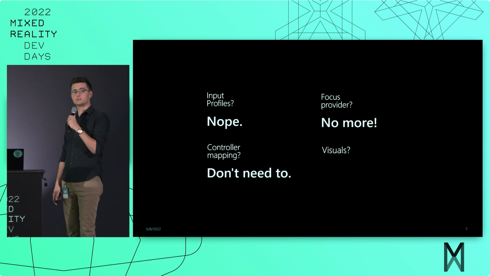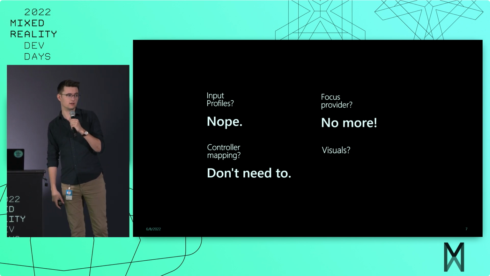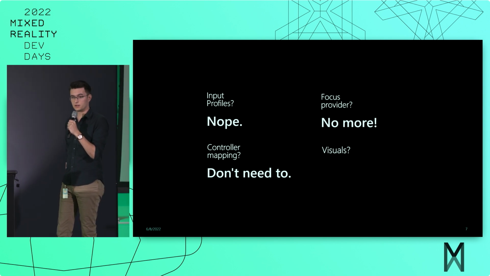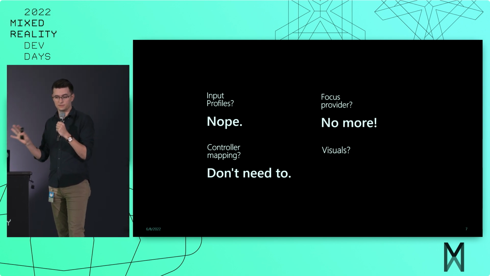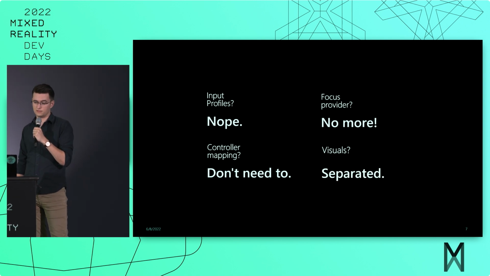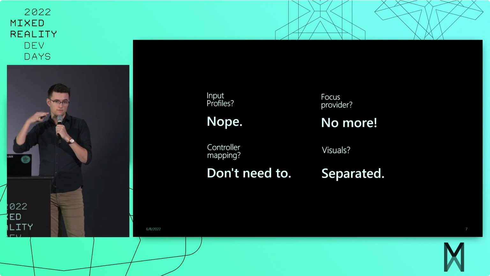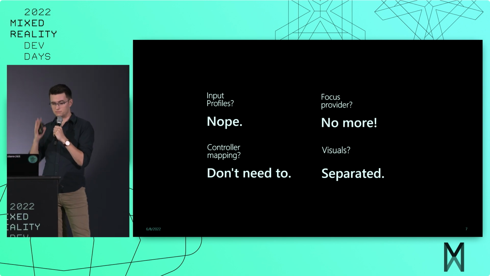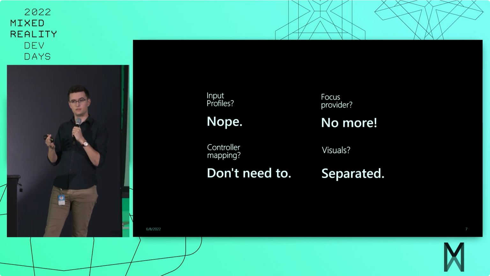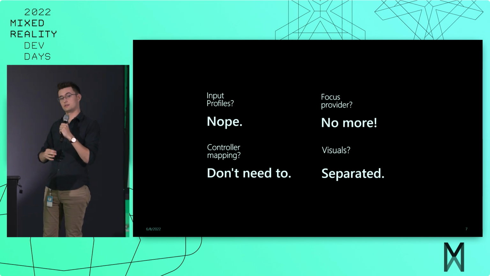The Unity input system also handles a lot of what we used to have to do for controller mapping and mapping buttons and whatnot. That's all handled on the Unity side now. We don't even need to worry about any of that. And another really big thing is that the visual side of the interactions are now completely isolated and separated, both on the input and interaction side and on the interactables.